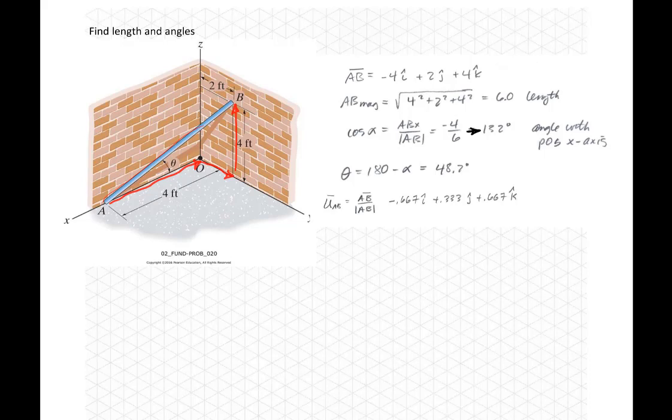The magnitude is given by the square root of the sum of the squares, and I get 6. The unit vector is going to be the vector description of AB divided by the magnitude. So it's going to be 4 divided by 6 in the I direction, 2 divided by 6 in the J direction, and 4 divided by 6 in the K direction. So there's the unit vector.